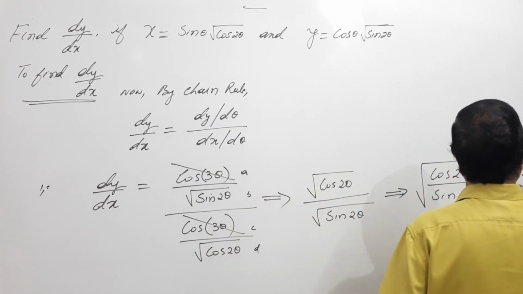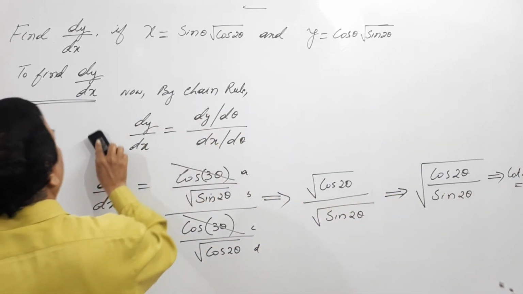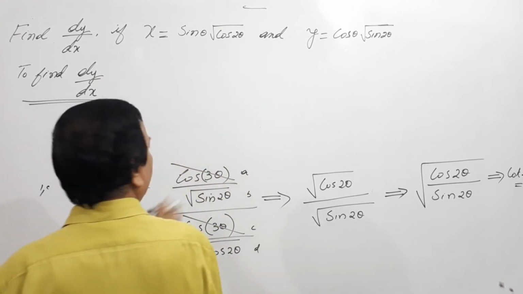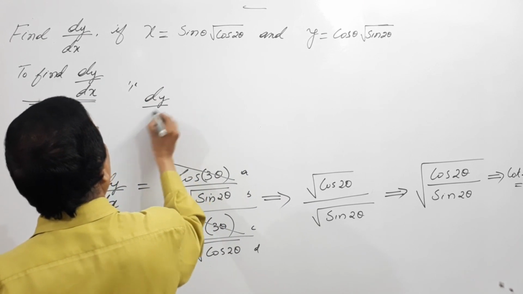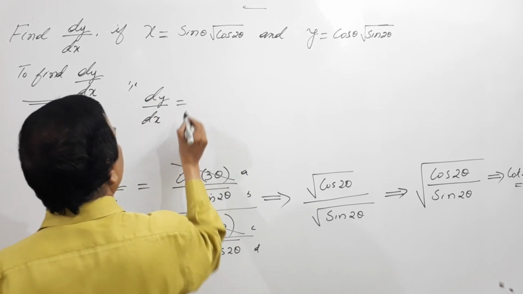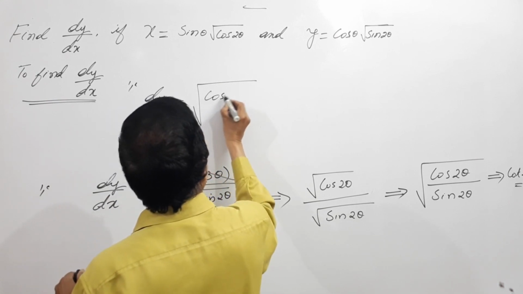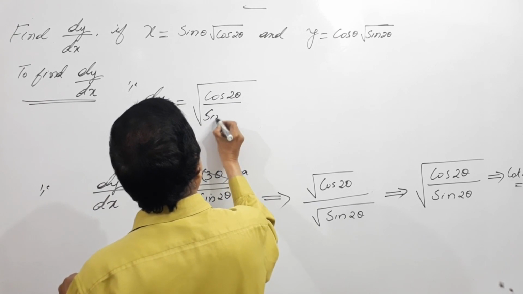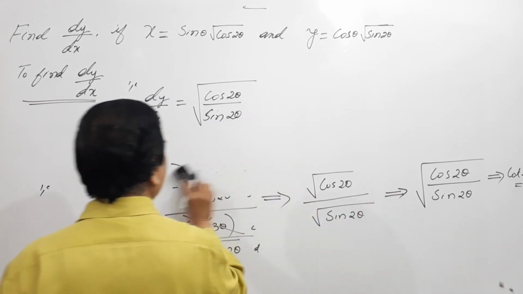So I will write here, once again, dy by dx equals to, we have got under the root cos 2 theta by sin 2 theta. I am rewriting it.